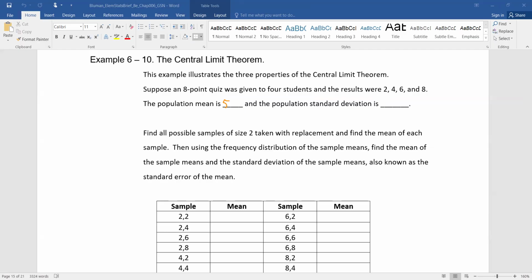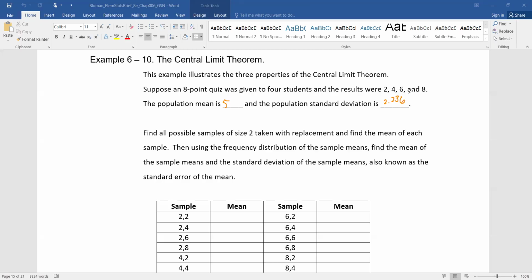And then menu, stats, stat calculations, one variable stats. Okie dokie. And we are looking for the population standard deviation. So that's going to be sigma. So that comes out to 2.236.